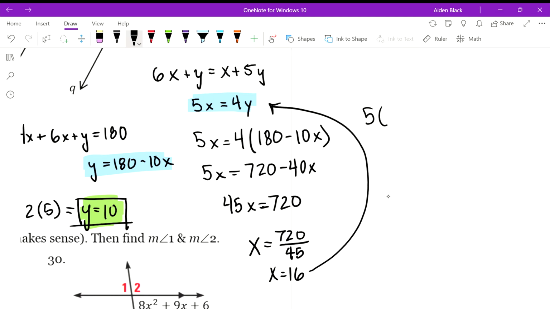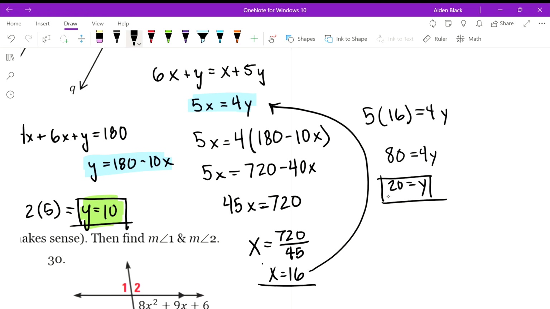So 5 times 16 equals 4y. In which case, 5 times 16, 50 plus 30, so 80. And then if I divide by 4, I find out that y equals 20.